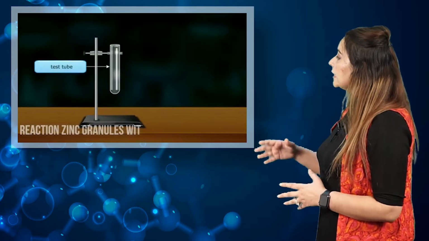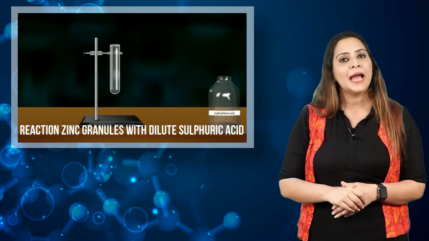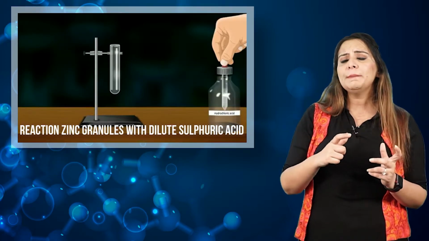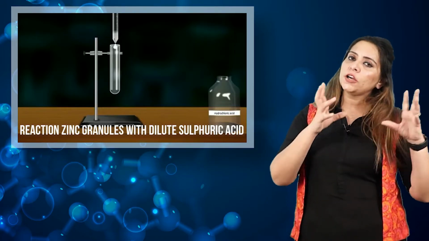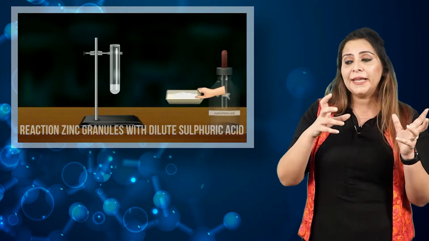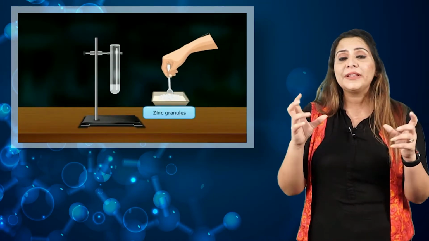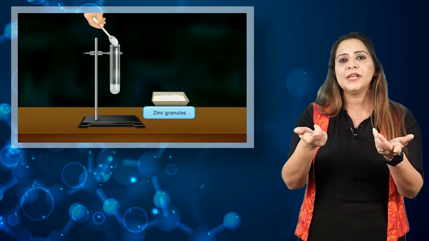For the second activity, just have a look at the board. That is the reaction of zinc granules with dilute sulfuric acid. If I talk about magnesium ribbon or zinc granules, please don't get confused with the forms. Like if I use the words copper rod or copper coin, don't get confused with the type of object I am using.